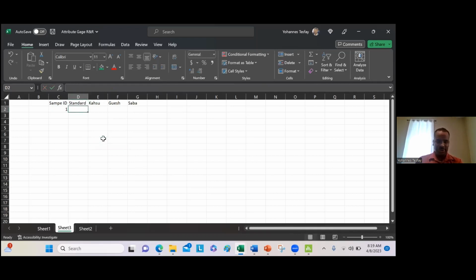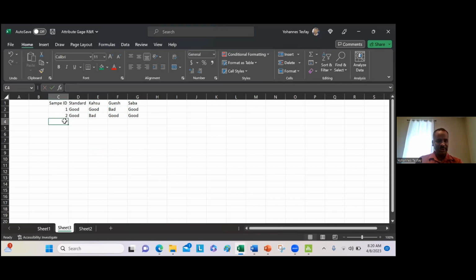So now let's say sample ID, and I'm gonna insert the standard. Calibration, until let's say this is good. This is good. Kasu says it's good. We say it's bad. And Saba says good. Like that. Sample two. So standard says good. So both these guys say bad, and this is good.